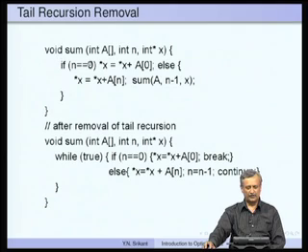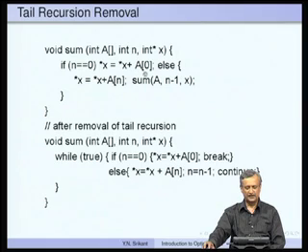So, here you have a function called sum, a very simple one, which takes an array A as a parameter, an integer called n and a pointer to integer called x, int *x. So, the body is: if n equal to 0, then *x equal to *x plus a[0].